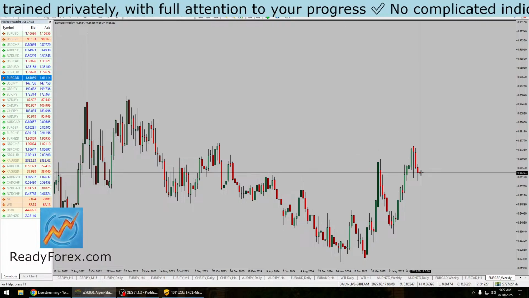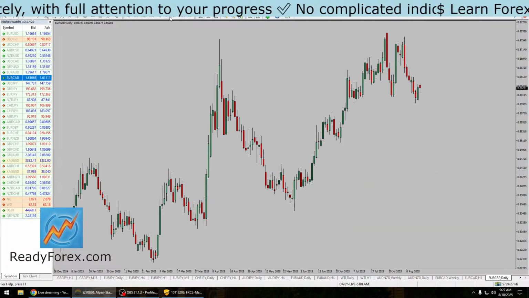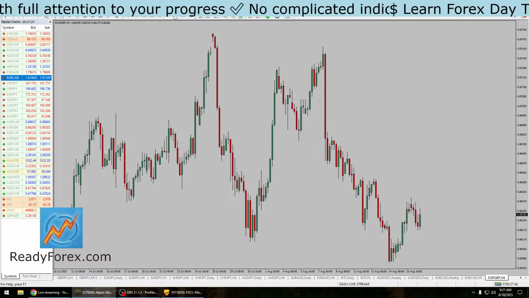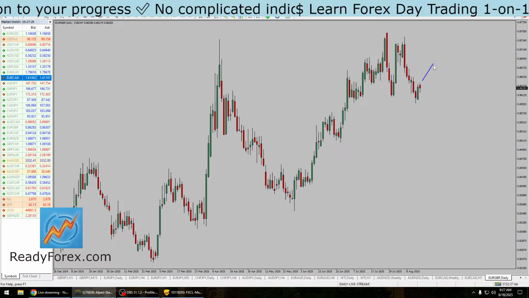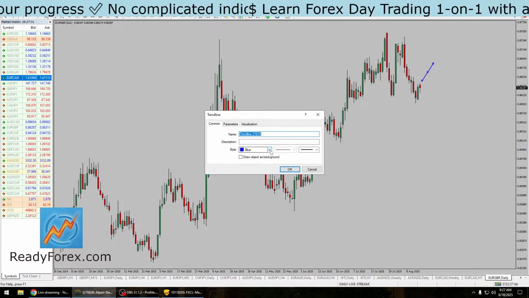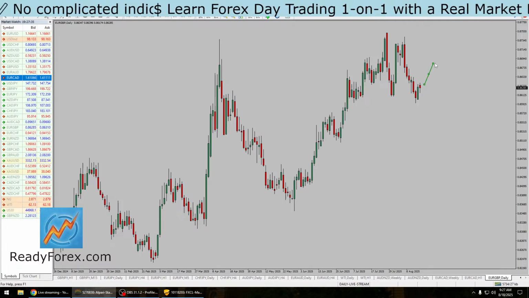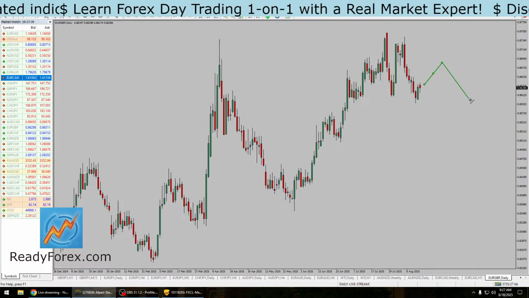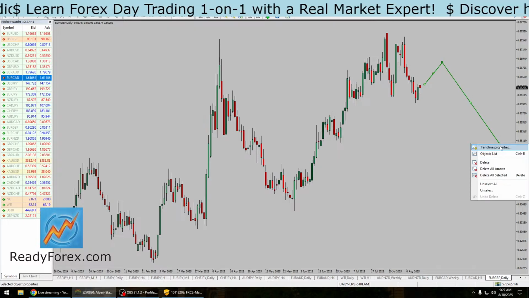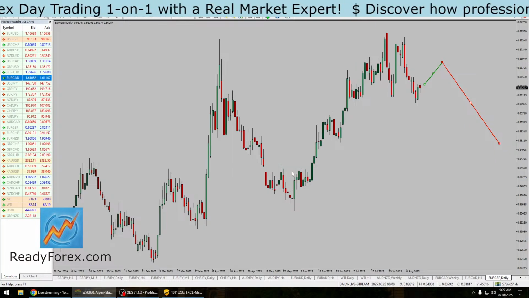These things usually create a pullback like this. Let me show you. These things usually create a bullish pullback over here. And then expect a top and a drop over here inside Euro versus British pound.